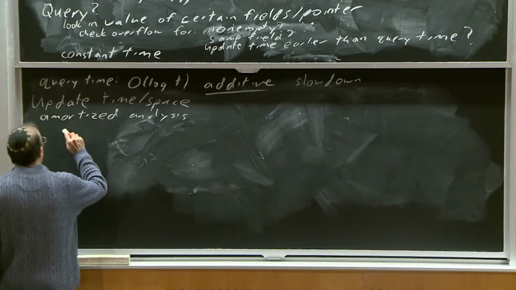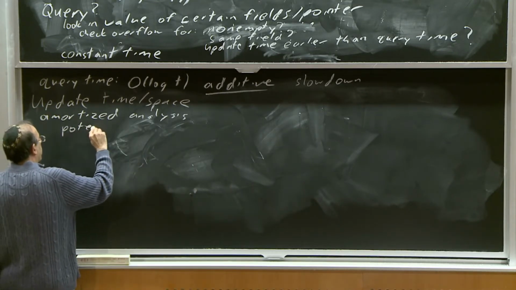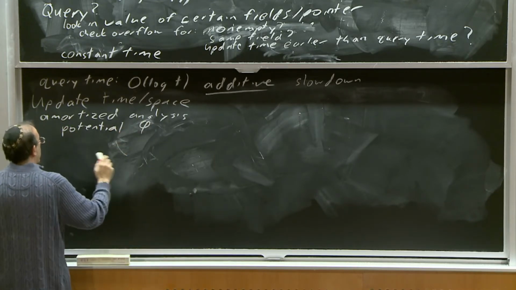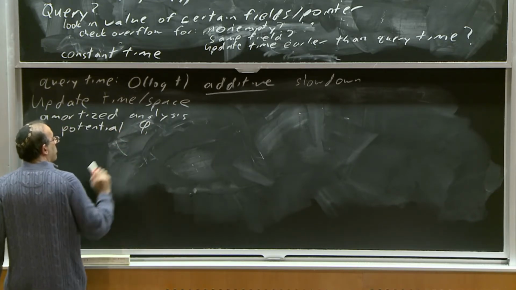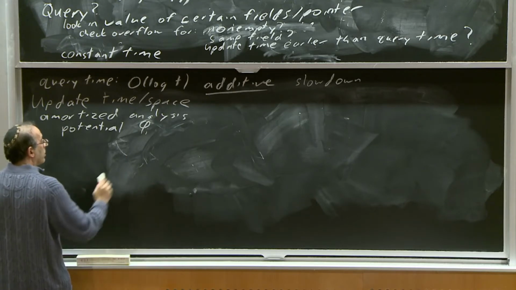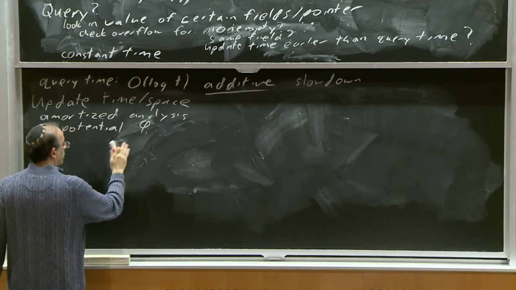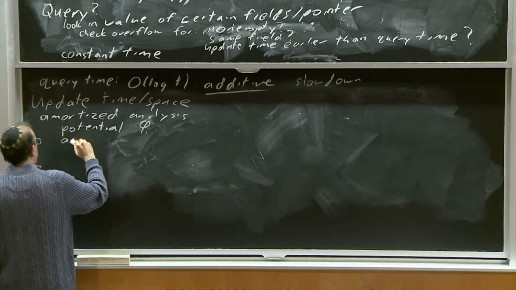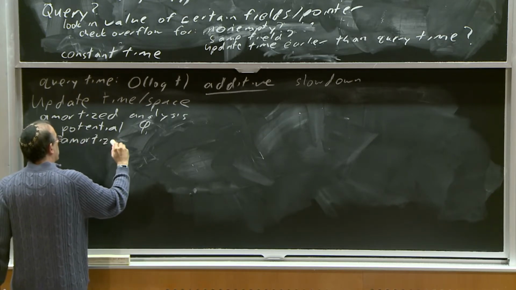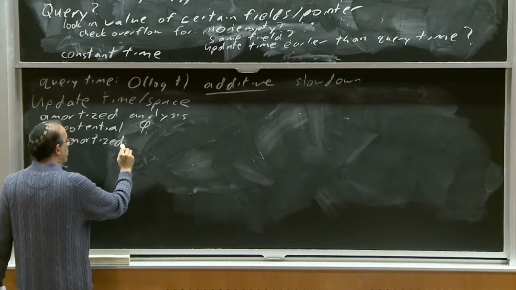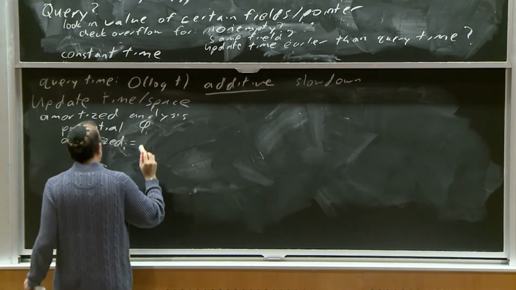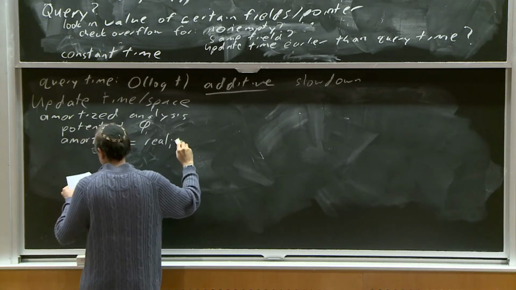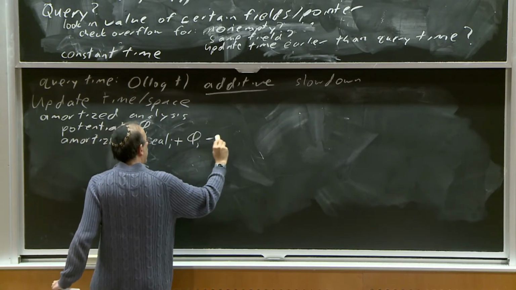Remember that we define a potential function. And that potential has a value at every moment of the data structure, at every step. And we define the amortized time and space used by the ith operation as the real time or space plus the change in potential.